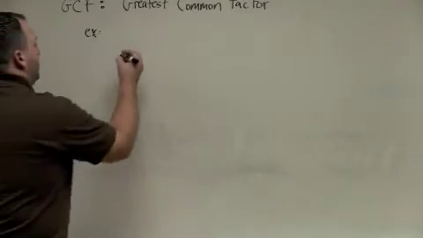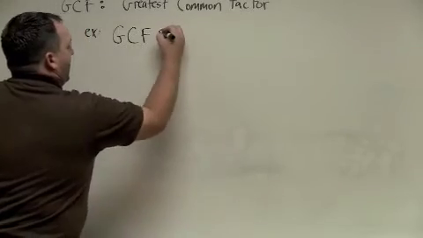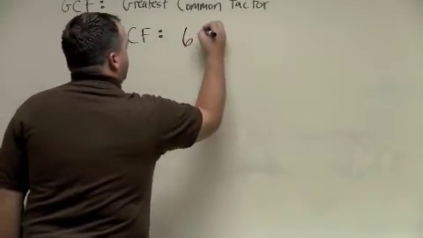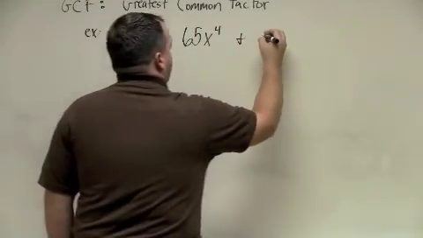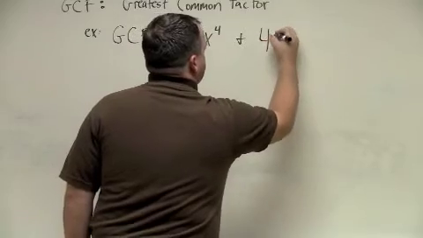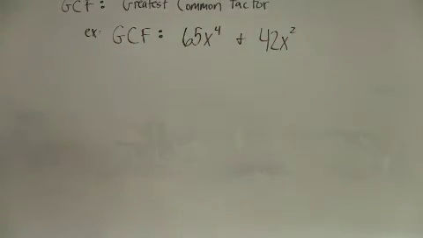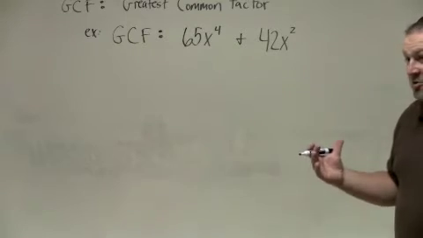The new stuff is going to be something like this. What is the GCF of these 2 monomials? Let's say we have 65x to the fourth, and we have 42x squared. Now, we have to look at them in two parts: the coefficient portion and the variable portion.